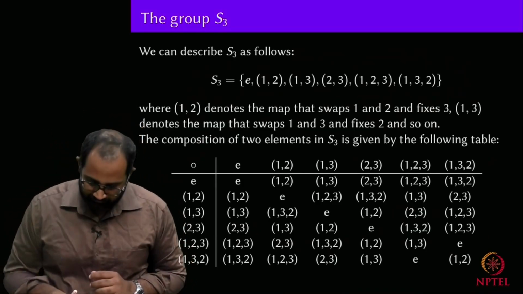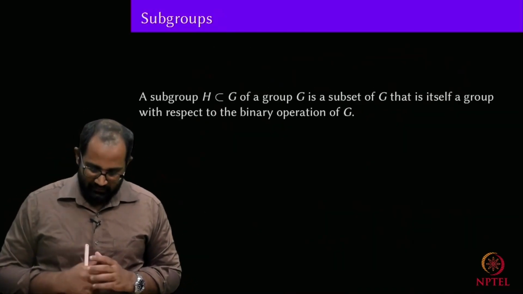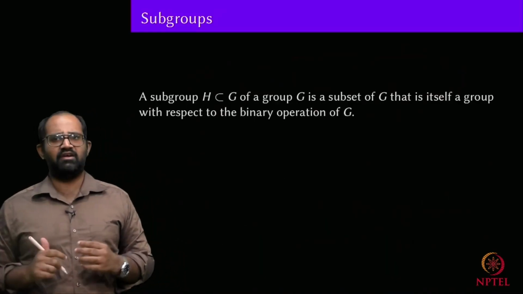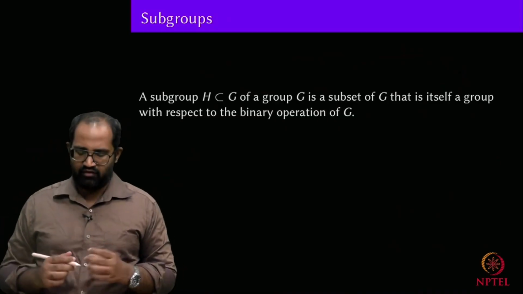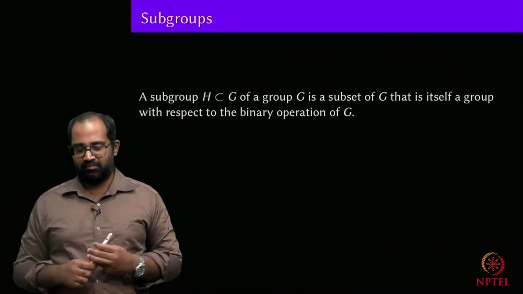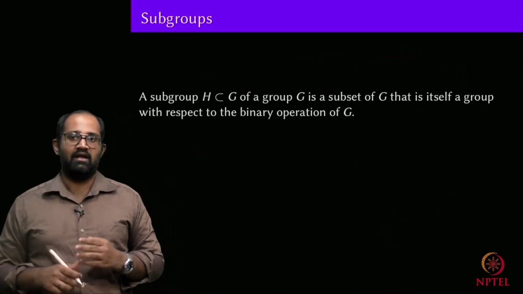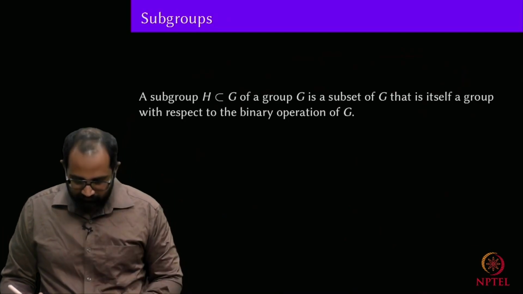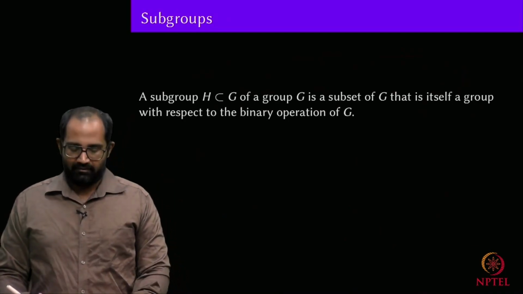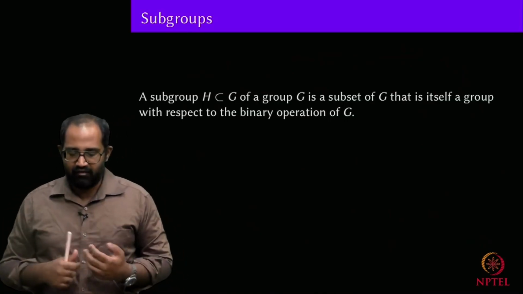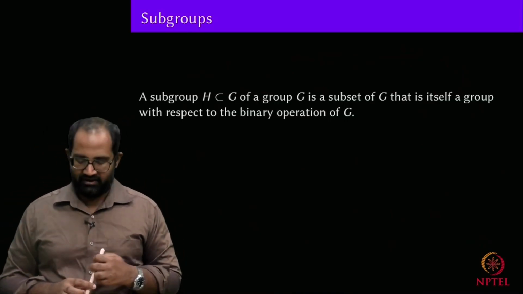Okay. Now, let us come to the all important notion of subgroups. We will revisit all of these in algebra 2. This is just to give you a flavor so that we can proceed to study the integers, polynomials, matrices and all that, which are all examples of groups. A subgroup is nothing but a subset which is itself a group under the same binary operation.